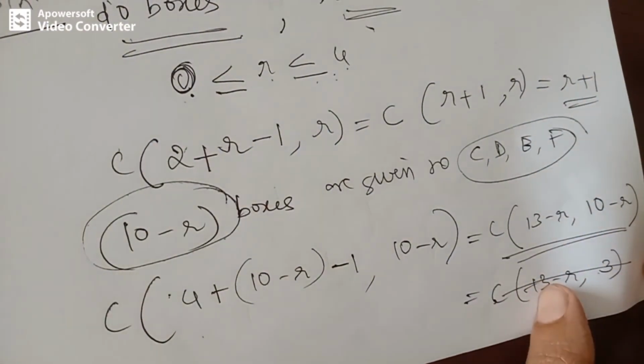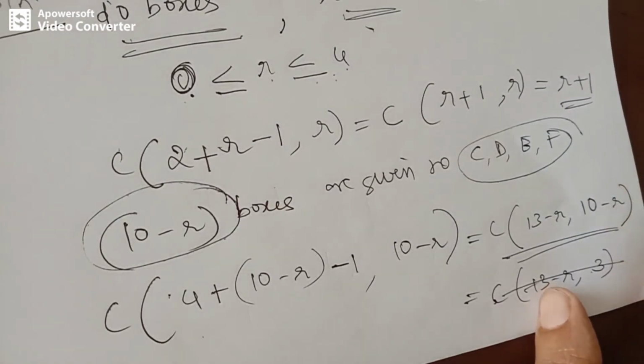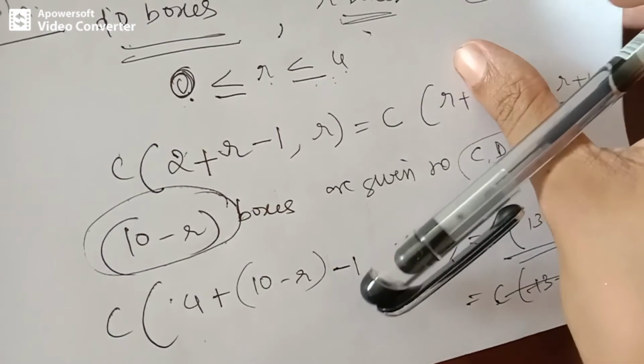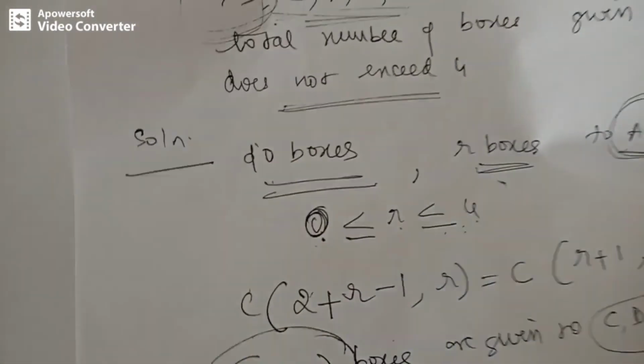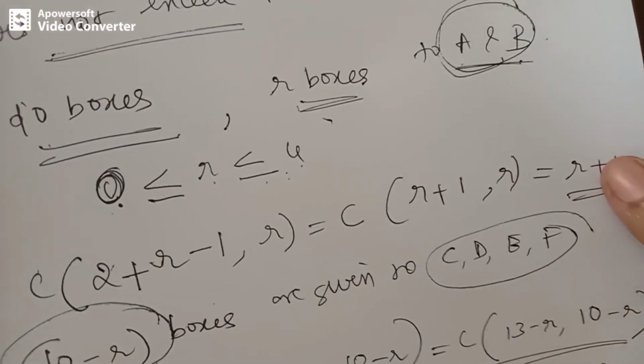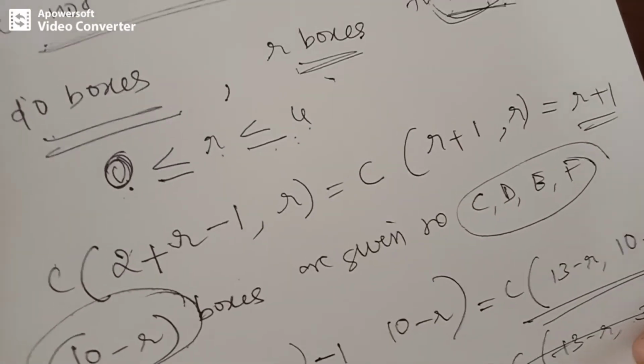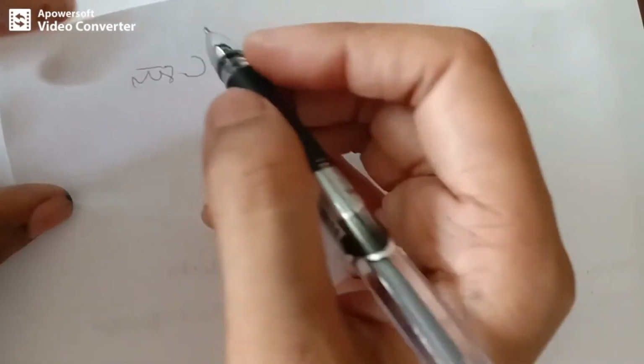So totally, how many ways are there? The number of ways in which r boxes are distributed to A and B, and 10 minus r boxes to C, D, E and F, is r plus 1 into C of 13 minus r comma 3.